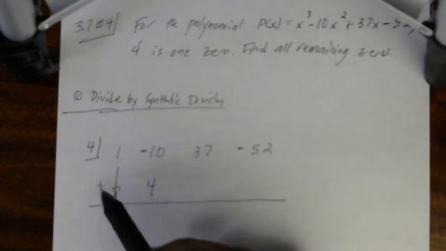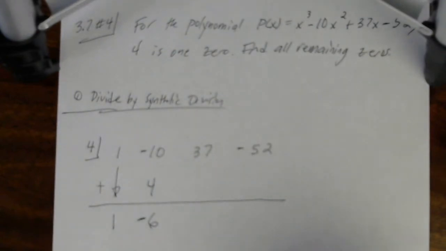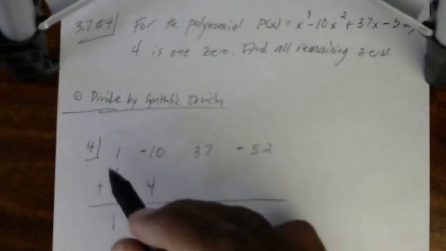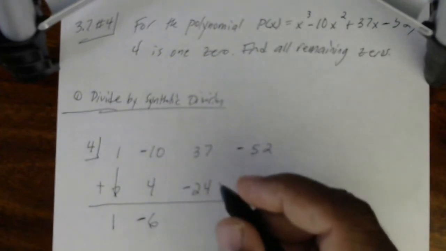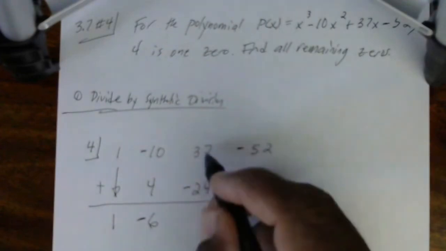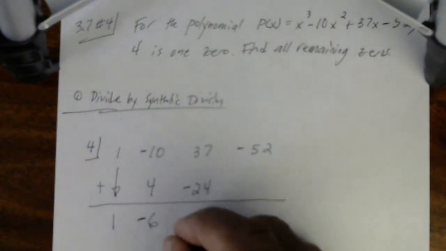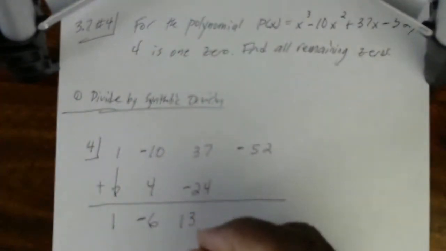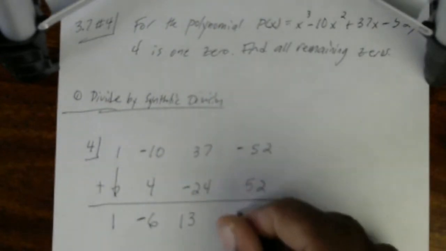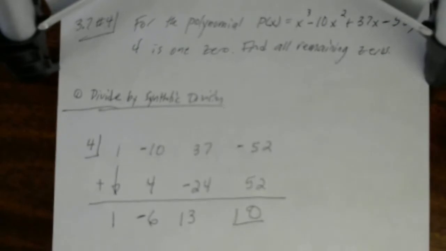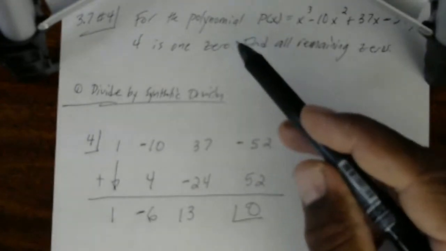So negative 10 plus 4 is negative 6. 4 times negative 6 is negative 24. 37 plus a negative 24 is 13. 4 times 13 is 52. And we have a remainder of 0. Now we should always have a remainder of 0 if you're given a 0.